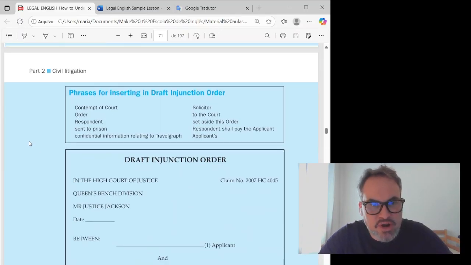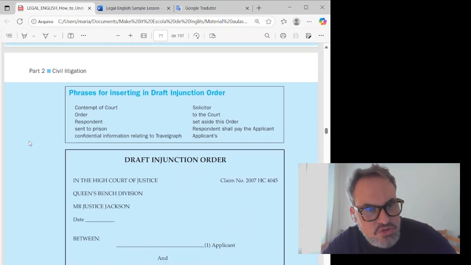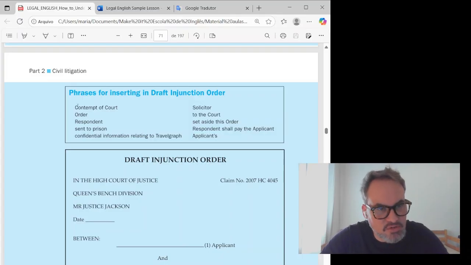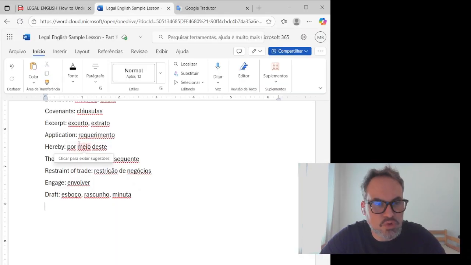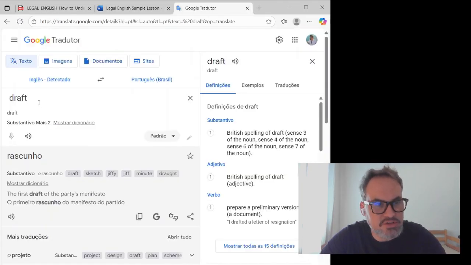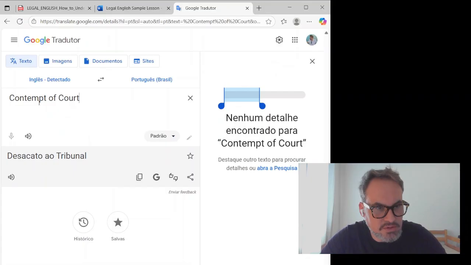Phrases for inserting in draft injunction order. Contempt of court. Let's write it down here in our vocabulary session. Good, let's search the translation here. Contempt of court would be desobediência, okay?